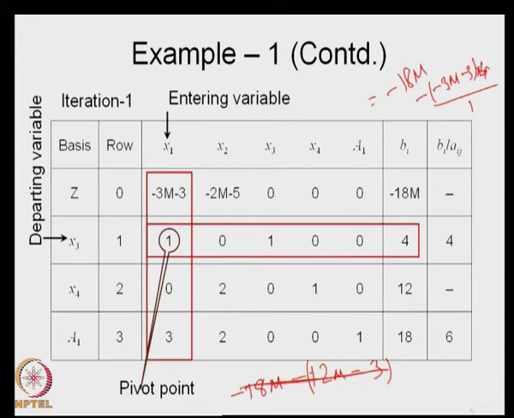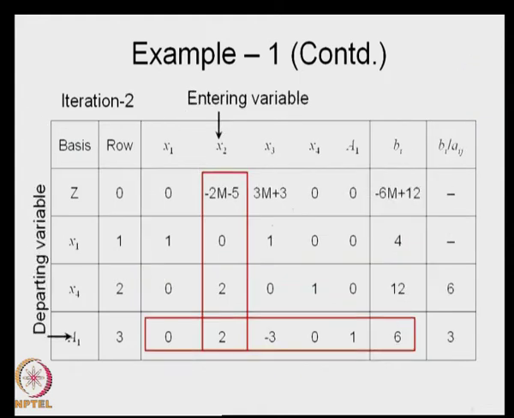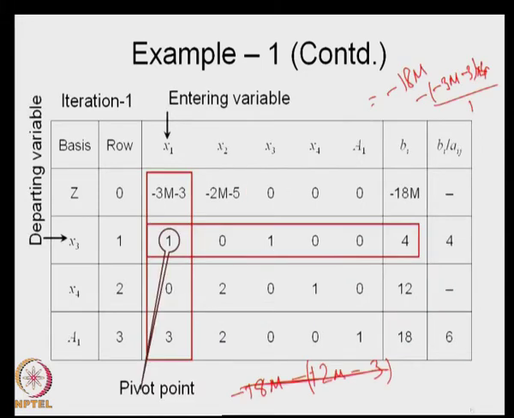So, 0 minus 1 into minus 3 m minus 3 divided by 1, that comes 3 m plus 3 and so on. So, you do the transformation using exactly the same procedure that we did, except keeping always in mind that m is a large number, and when you are doing the transformation like this, you just keep it as a constant m and then do the transformation.